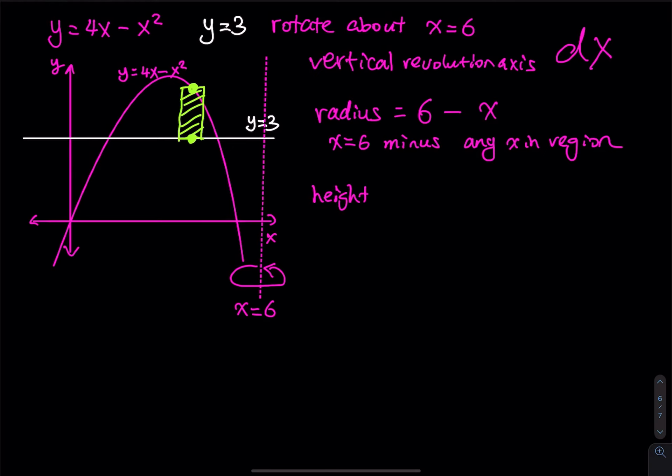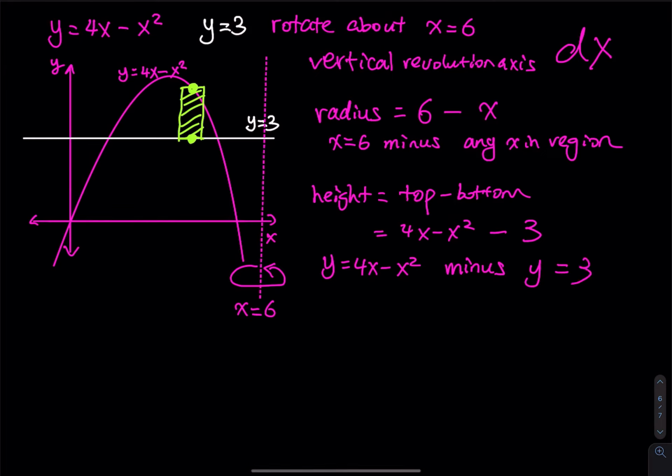The height will be top curve minus bottom curve. So the top curve is the parabola, 4x minus x squared, and the bottom curve is 3, so you just subtract 3. You don't need a parenthesis. This is y equals 4x minus x squared, and then minus y equals 3. Now the setup is done.